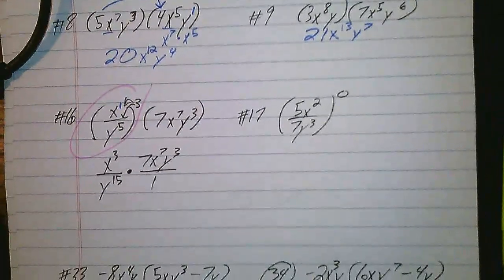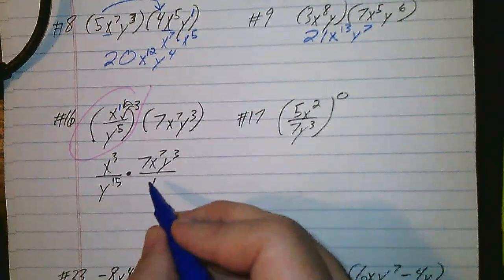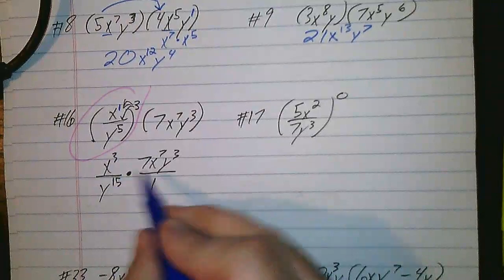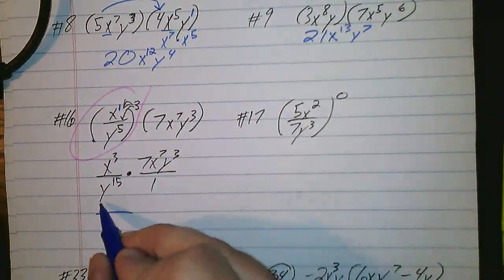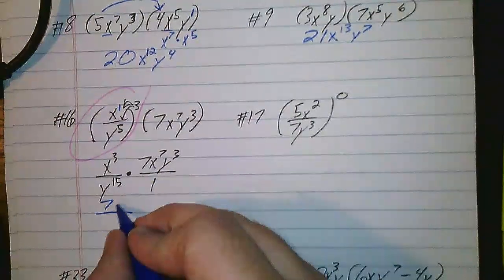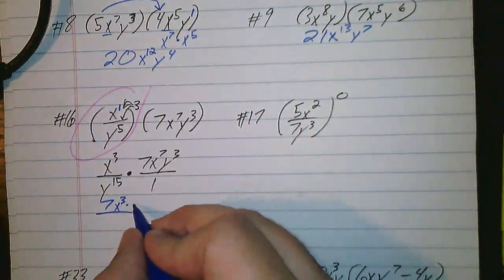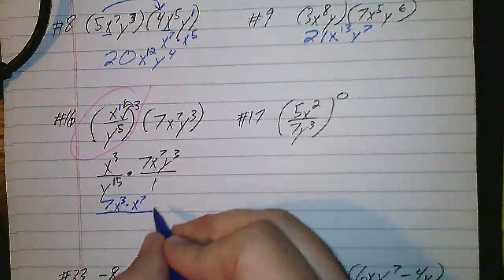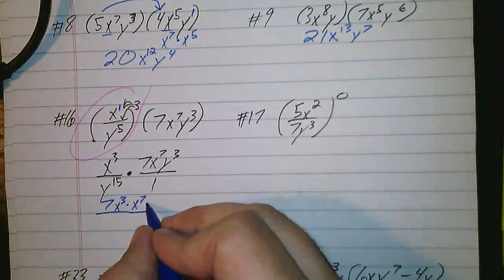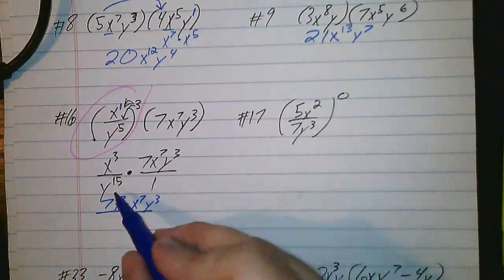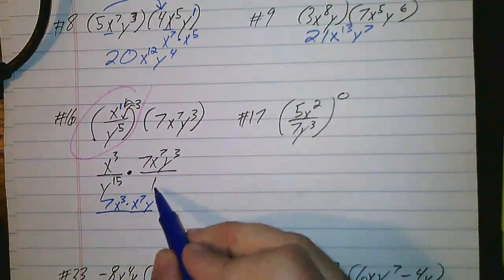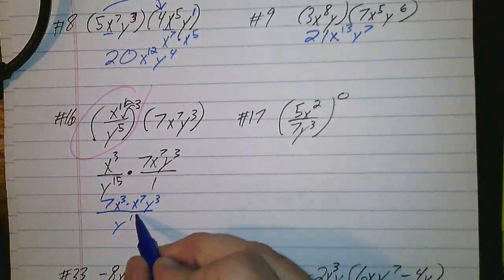So we're going to go top times the top, and bottom times the bottom. So I'll break this down a bit. Our coefficient on top is 7, and then I have x cubed times x to the 7th times this y cubed. On bottom, we just have y to the 15th times 1 is just y to the 15th.